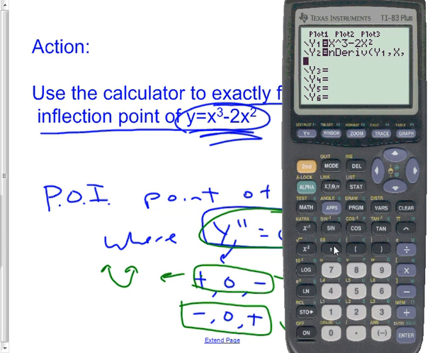Comma x, comma x. And for y3, we're putting the derivative of the derivative. So now instead of putting Y1, we're going to put vars, Y-vars, function Y2, because we want to take the derivative of what's in Y2. So we want to take the derivative of the derivative.